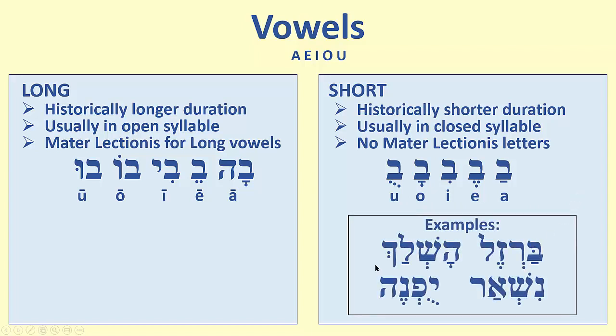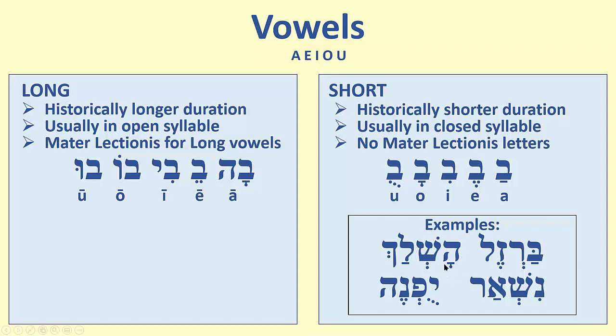Here we have 4 example words that contain only short vowels. You can see in these examples that all of them are closed syllables, with the possible exception of this one right here. Barzel, hoshlach. You can see this is a closed syllable that's unaccented.